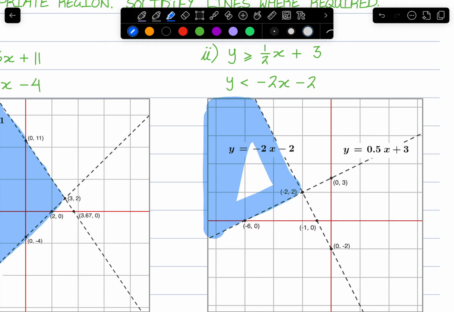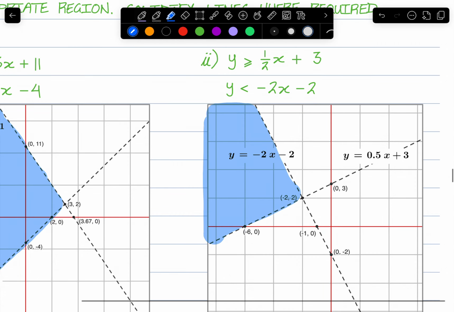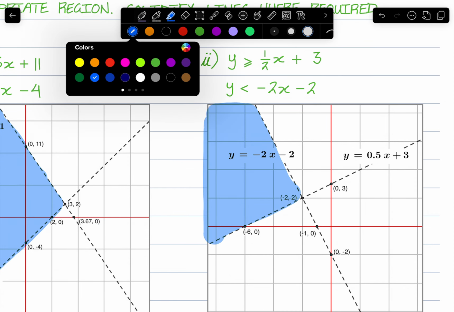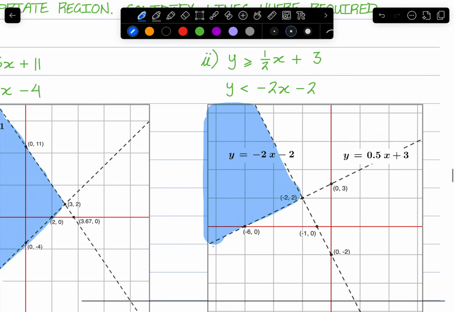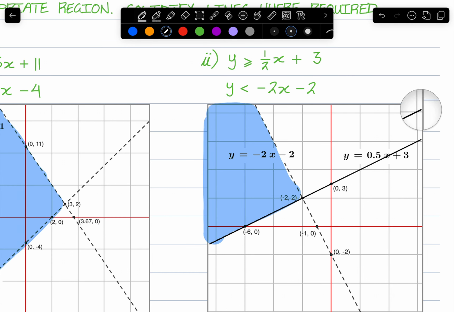There we go. And I realized in my other example, the previous one, because this is greater than or equal to this half x, which is this one, I need to solidify that line, meaning I need to make it into a solid black, or a solid, well, whatever color.